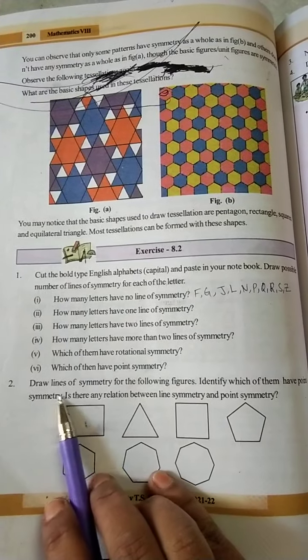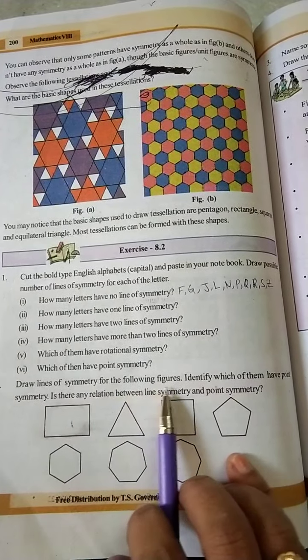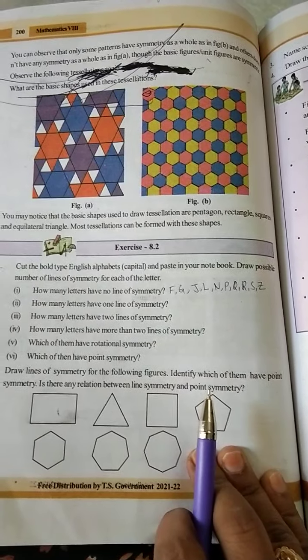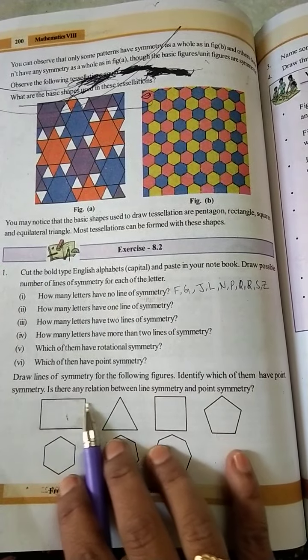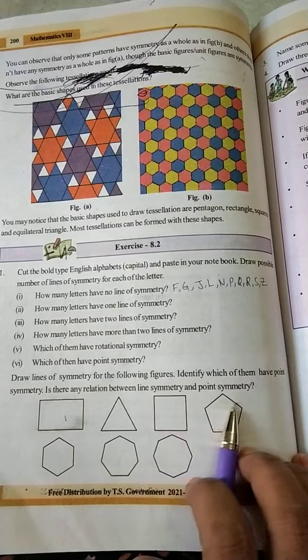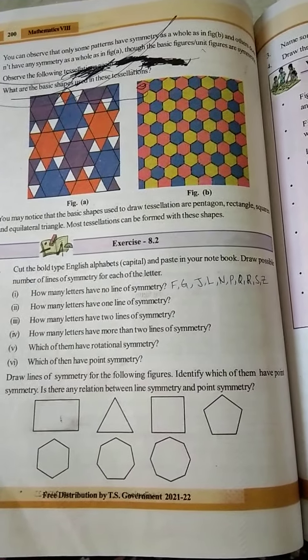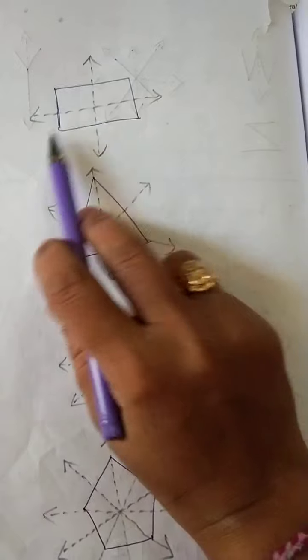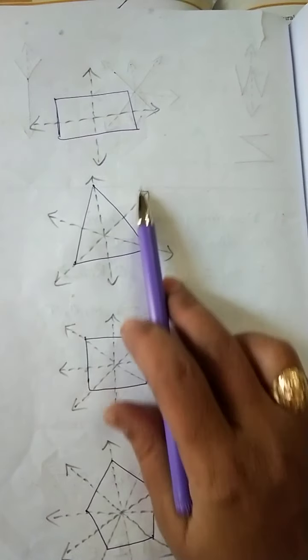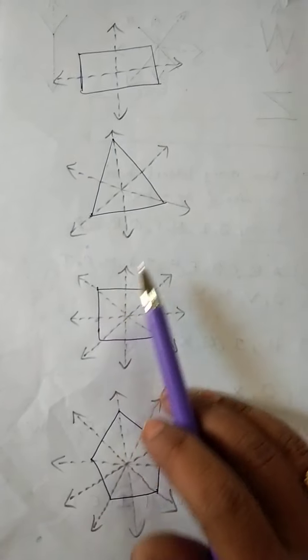Now see here: draw lines of symmetry for the following figures. Identify which of them have point symmetry. Is there any relation between line symmetry and point symmetry? For each and every figure we can draw the lines of symmetry. For a rectangle, vertical and horizontal lines of symmetry.